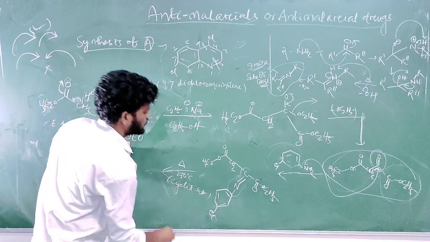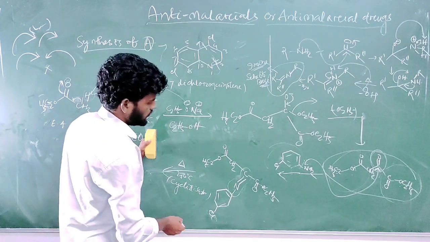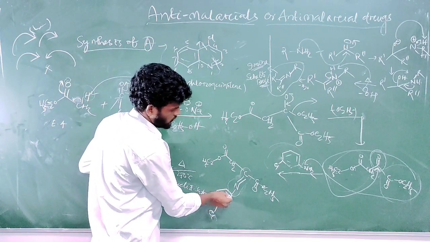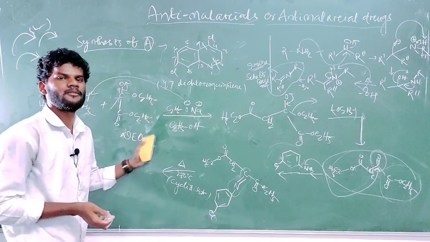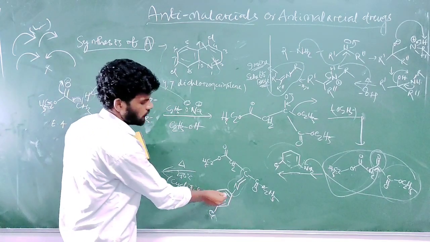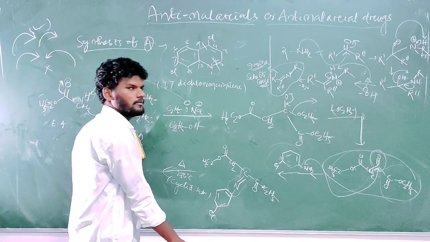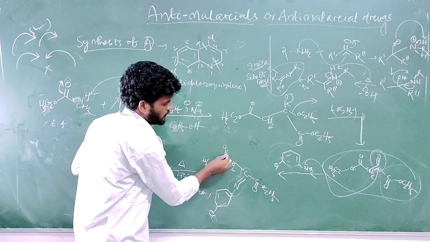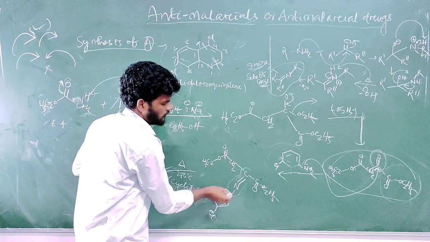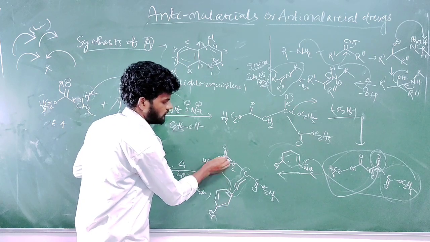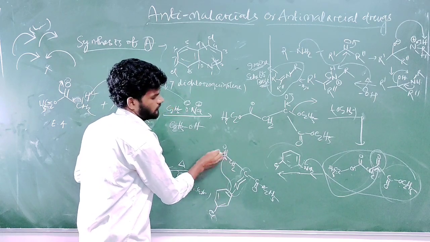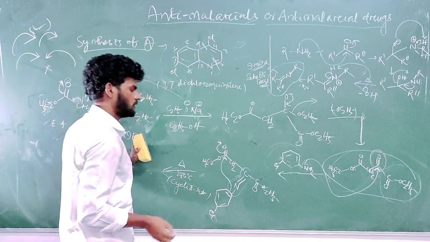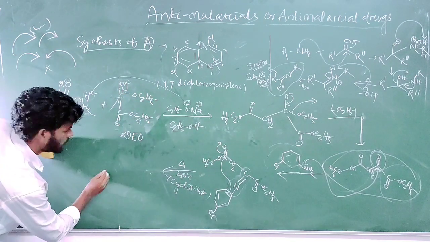Okay, so how will it cyclize? Here again see what is the nucleophile and what is the electrophile. This bond of the benzene ring is the nucleophile, and this carbonyl carbon is the electrophile. So this nucleophile attacks this carbonyl group, then negative charge over oxygen. What will it form?